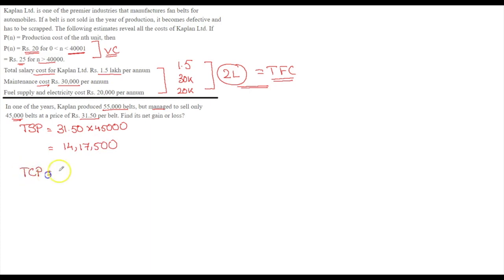Let us now calculate the total cost price. Now the total cost price would be the total fixed cost, that is 2 lakh rupees, plus the cost of units produced. So I am producing 55,000 belts. The first 40,000 belts were produced at 20 rupees per belt, and the next 15,000 belts were produced at 25 rupees per belt.